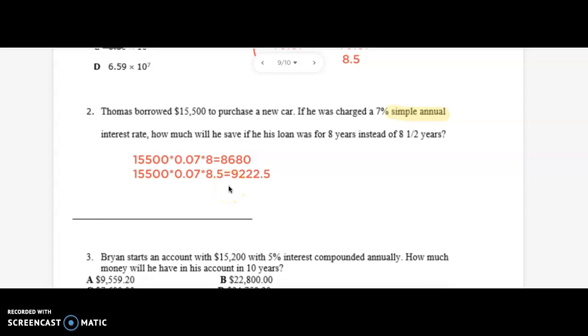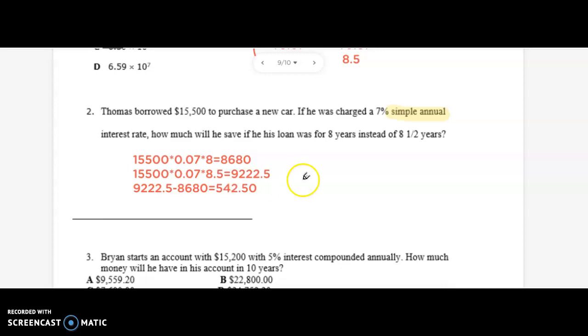The next thing that you're going to do, because the question is how much will he save if it was for 8 years instead of 8.5, you're basically going to take those two, the 9,222.50, and you're going to subtract the 8,680. And I've already done that math, and the answer is 542.50.